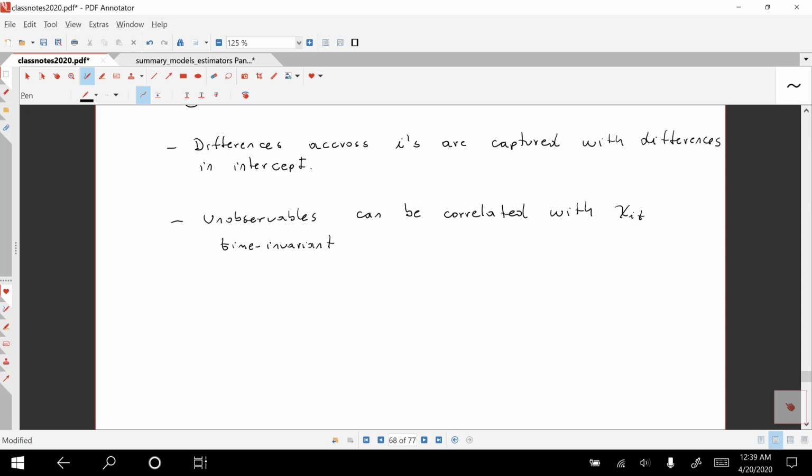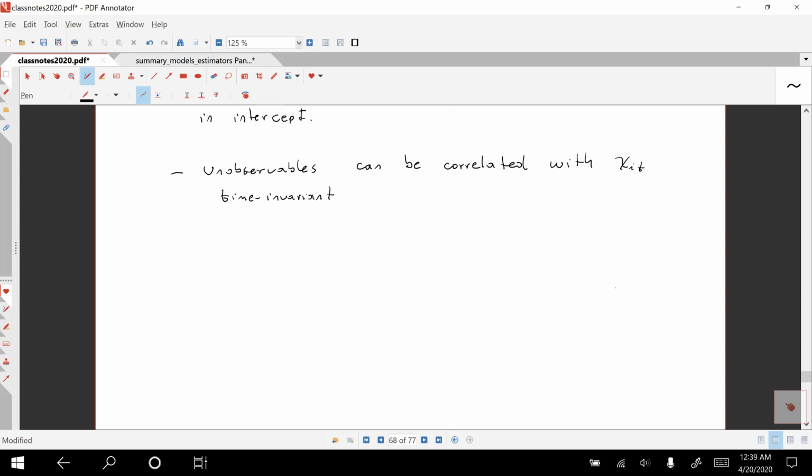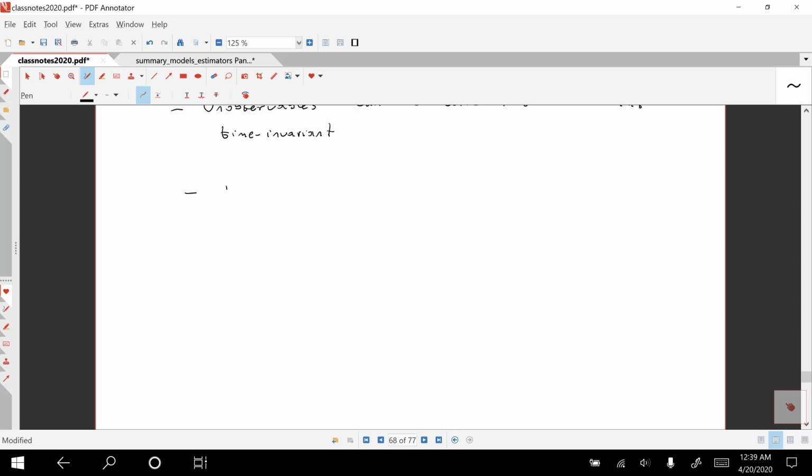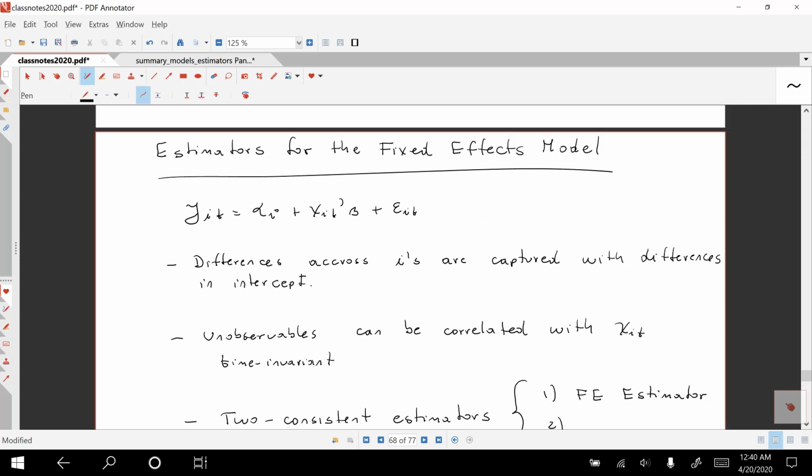As I mentioned, there are two consistent estimators, and I'm going to emphasize this: two consistent estimators for this fixed effects model. One is the fixed effects estimator, and I'm using FE for fixed effects.